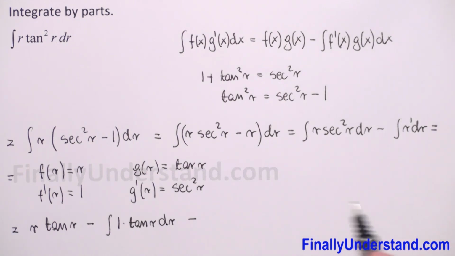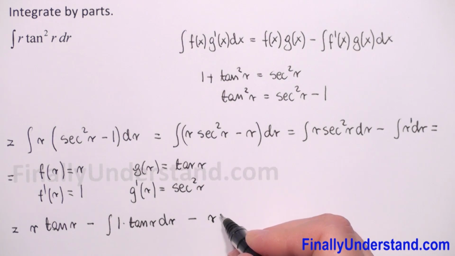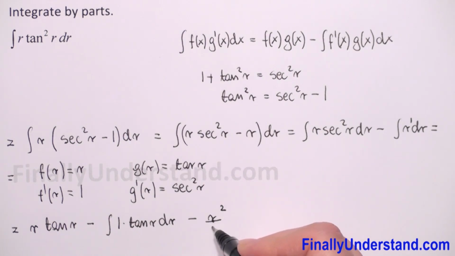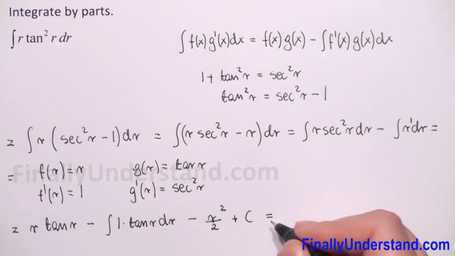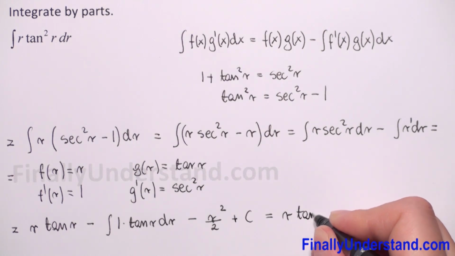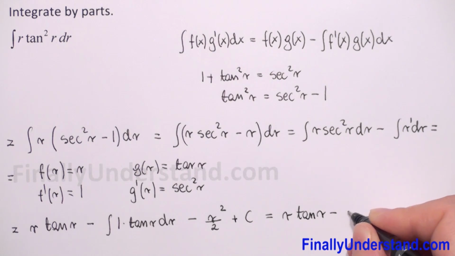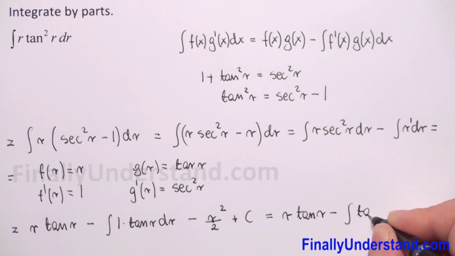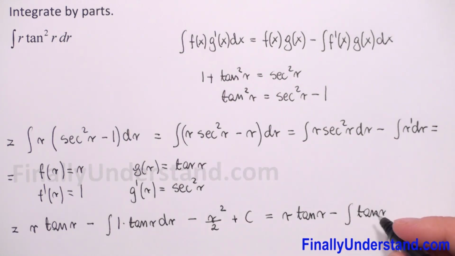The power is 1, invisible 1, so we have r to power 2 over 2 plus constant c, of course. So this is equal to r times tangent r minus the integral of tangent r, 1 times tangent is tangent dr, minus 1/2 r square plus constant c.